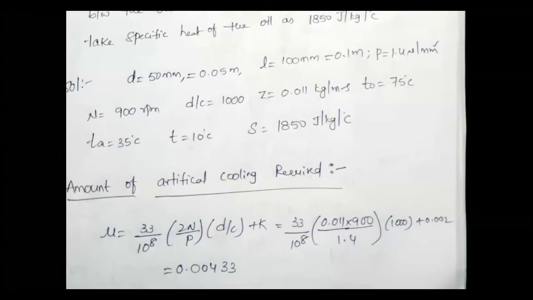So Z value is given, N value is given, P value is given, and D by C value is already in your given problem. So everything is available. No need to go anywhere except to write down the formula.